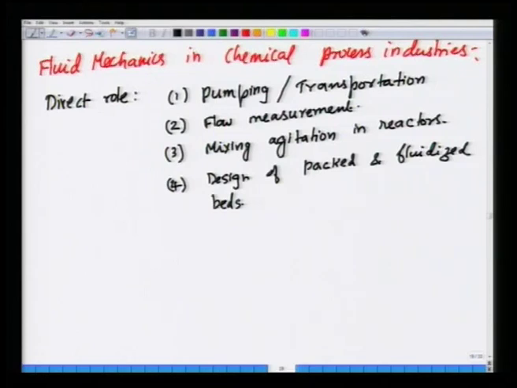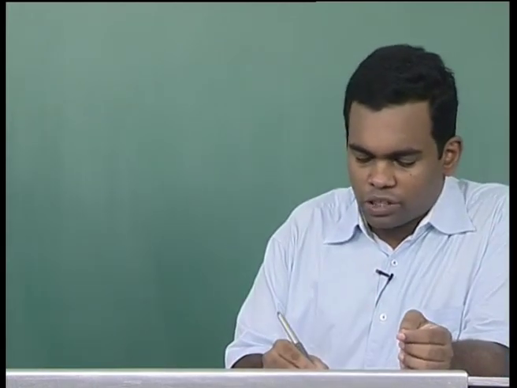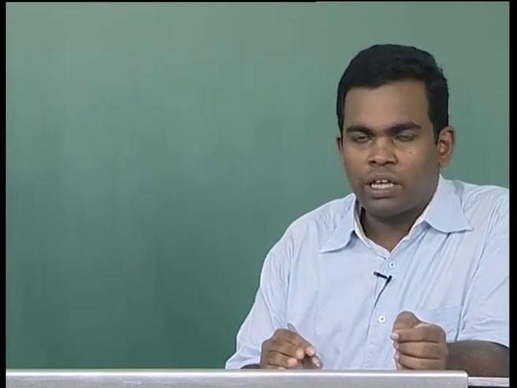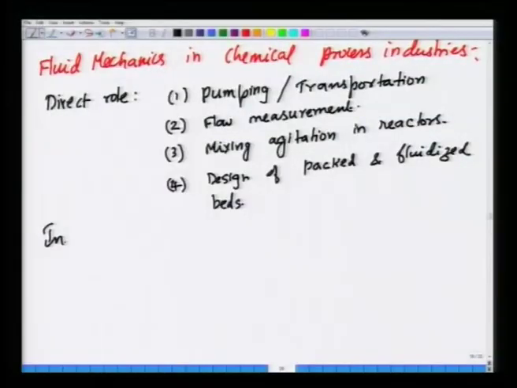These are some examples where fluid mechanics plays a direct role in the design of chemical process equipment as well as various unit operations that involve in detail the nature of fluid flow. There are cases where fluid mechanics is important but plays an indirect role, where the goal is not fluid flow per se, in the sense that there is some other unit operation happening.